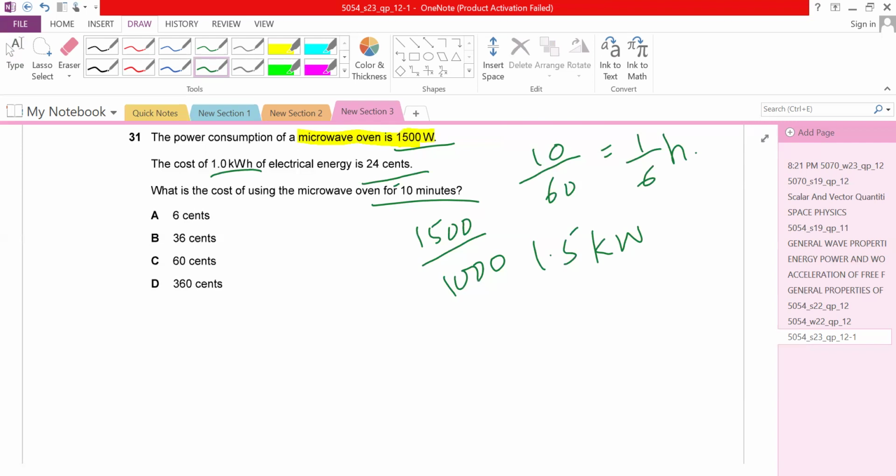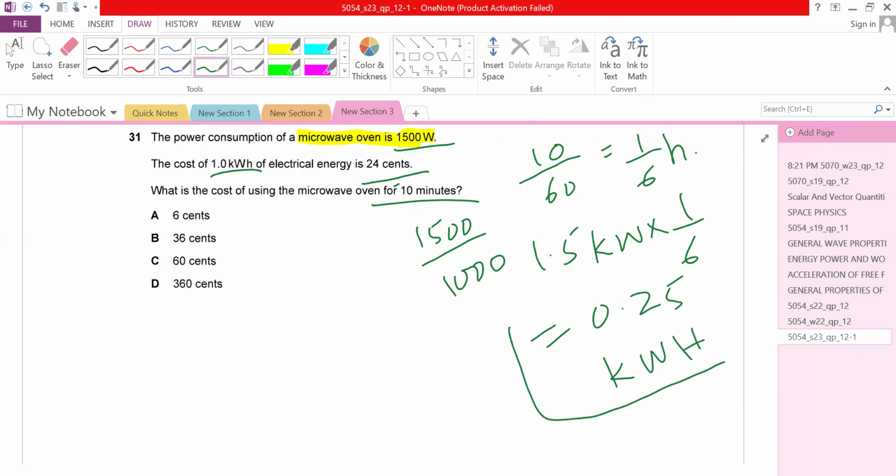Now simply multiply this 1.5 with 1 upon 6 and you get the answer 0.25 kilowatt hour. Once you have done the conversion and made the value in kilowatt hours, you simply have to multiply this 24 by 0.25. Let me calculate it.